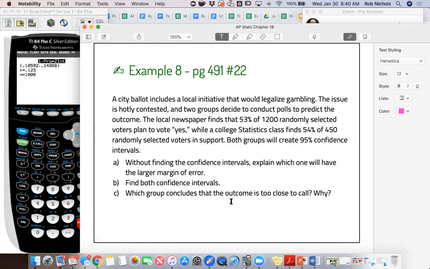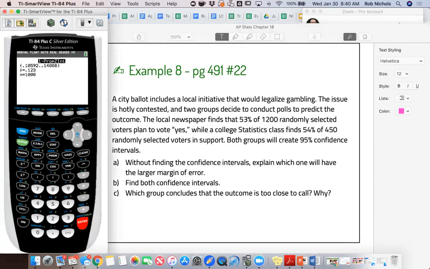All right, so again, I would go to the calculator, and I'm going to do these 1 proportion z intervals. We go to stat, tests, 1 proportion z interval. So we're going to do the local newspaper first. Now x is p hat times n. So we're going to do 0.53 times 1,200, and we get 636 out of 1,200.